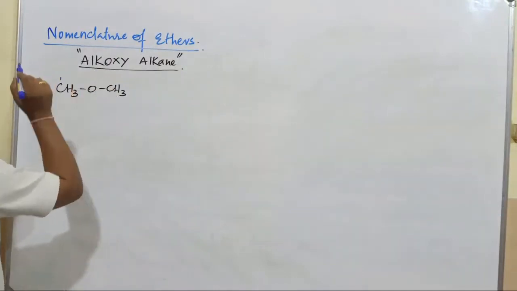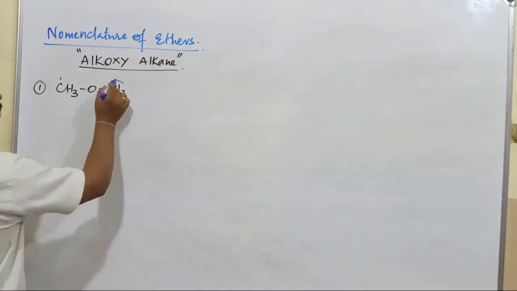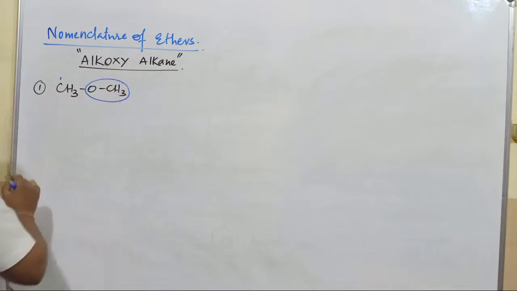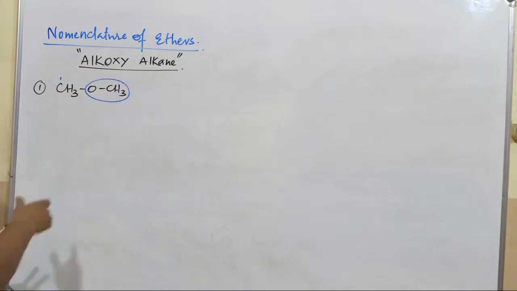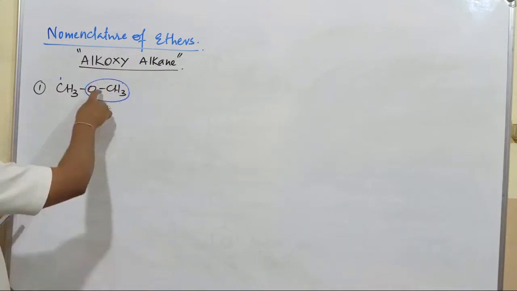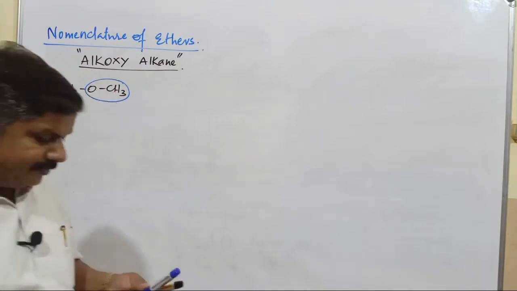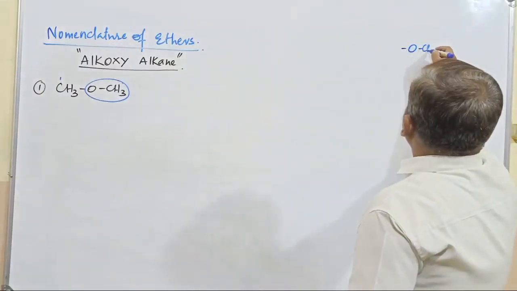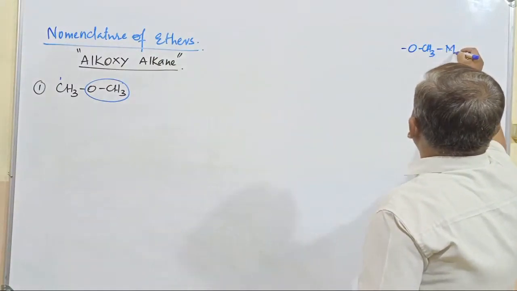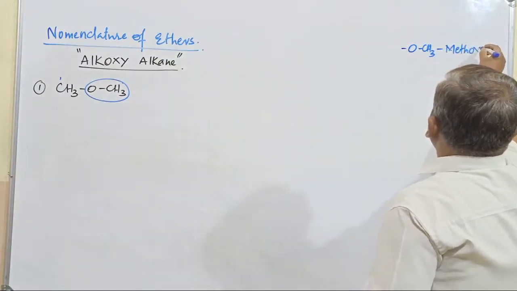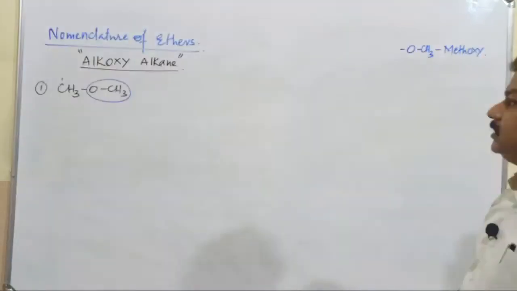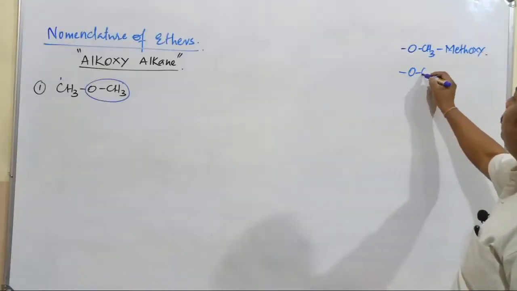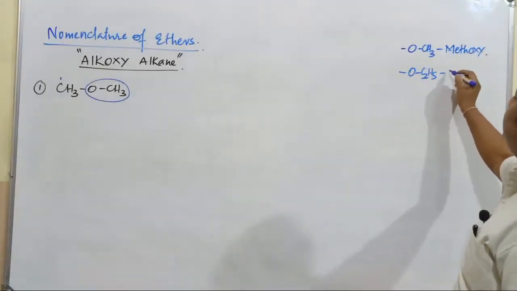If you number this one as number 1, now this oxygen is a part of the alkoxy group. Oxygen with a methyl group, OCH3, should be considered as a methoxy group. Remember, oxygen with the CH3 is methoxy. Oxygen with the C2H5 group is taken as what?